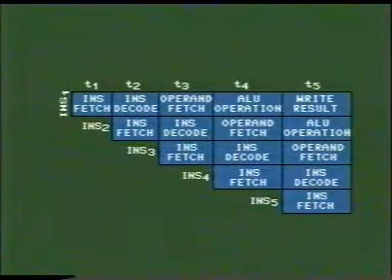This kind of parallelism is known as pipelining, which has been incorporated in the architecture to improve throughput.